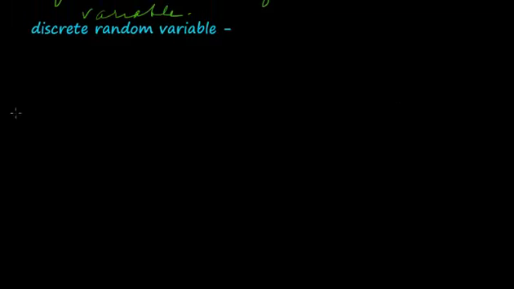Okay, we have a discrete random variable, and you've heard that term before. We've talked about discrete, and so you're probably thinking, oh, we're going to talk about discrete random variables and continuous random variables, and you would be correct because random variables can be either discrete or continuous.